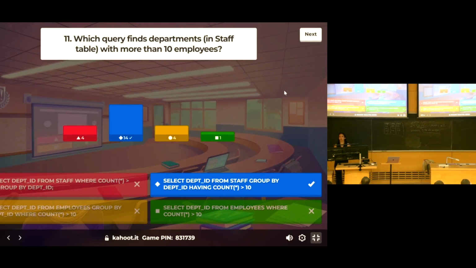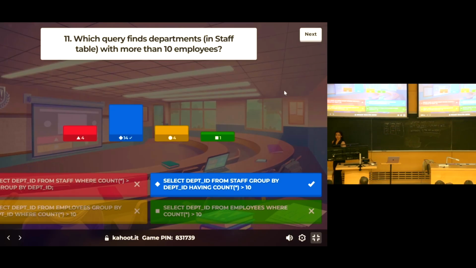If you remember, if you look at the blue query, SELECT department ID FROM staff GROUP BY department ID. Because we are in the staff table, we first have to group by department ID, right? Because department ID in the staff table can be repeated. For example, we can have 2 employees working in the same department.